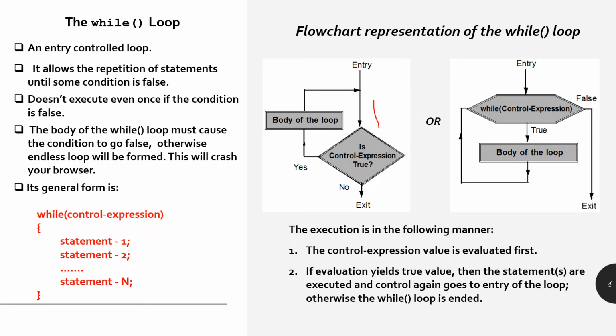If the condition is true, then the body of the loop will be executed. This is another form of representation, so both are the same. Here the expression will be checked. If it is true, then only the body of the loop will be executed. If it is false, it will come out of the loop.